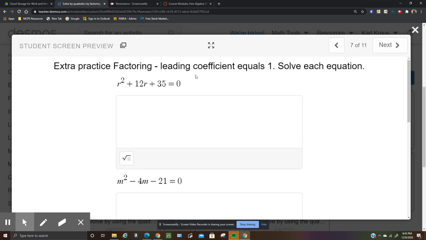So here's extra practice when the leading coefficient is 1. In other words, the a value is 1 here.